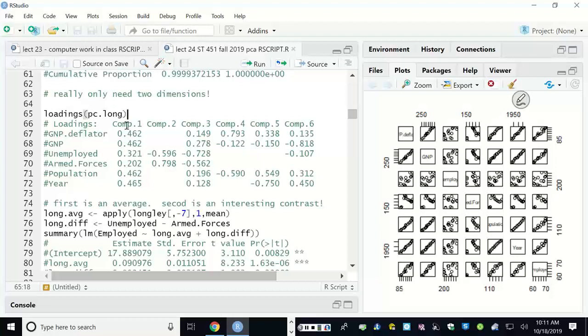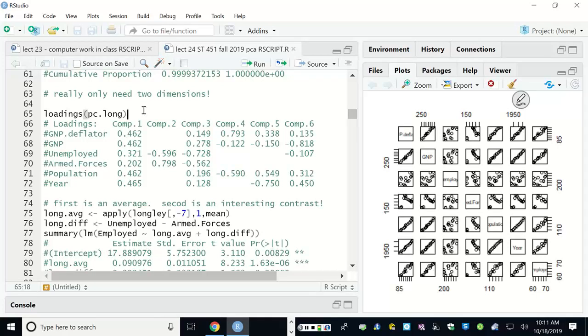The loadings is a term for how these things get multiplied on there. Right? And as it's done here, it's not exactly standardized, but these are the 6 variables, and these are the multipliers that would go onto them. And they're all positive. They are quite similar for things that are highly correlated with a little bit of difference.